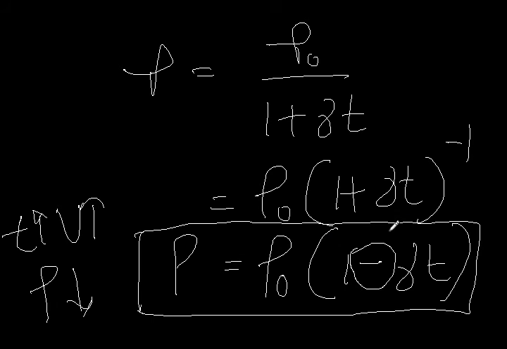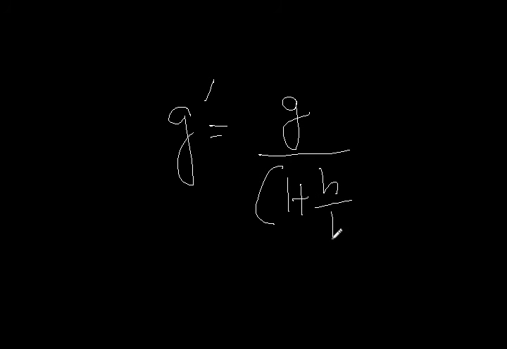Now I will give you one more example to make it more simple. I have a relation for acceleration due to gravity which goes something like this. Please don't try to get into the nitty-gritty of the equation, but try to get to the portion of binomial which is involved here. So if I put it here as a whole square, and if I put it here as 2, then you will get this.